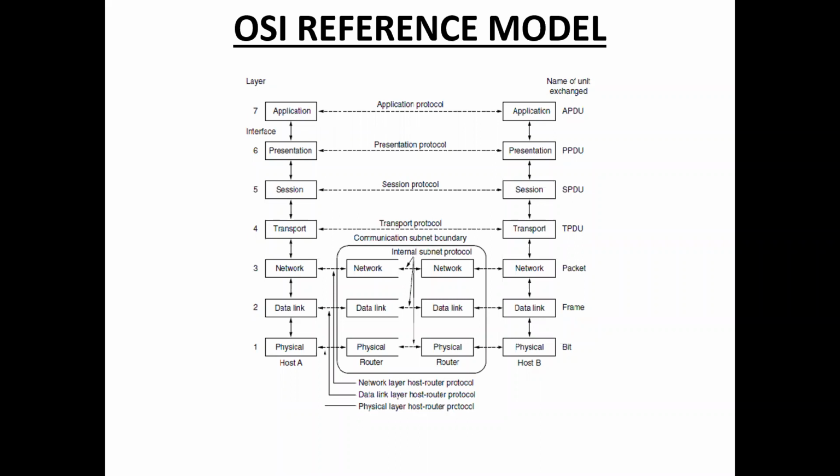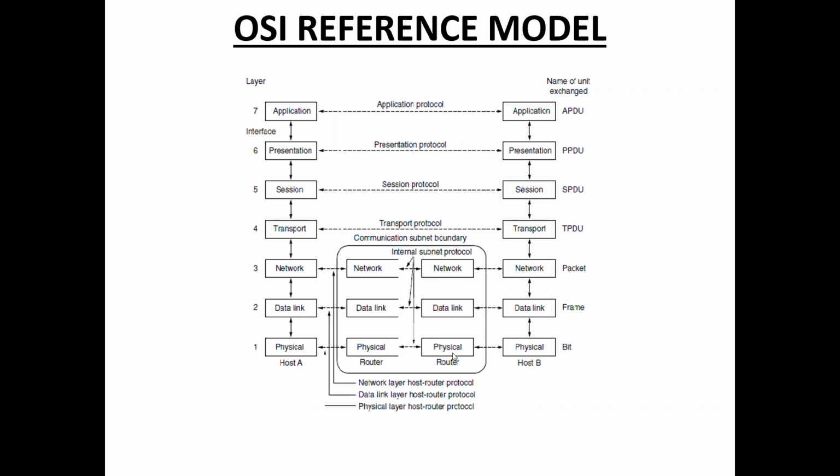And we see here that the communication subnet boundary is for only 3 layers: physical layer, data link layer, and network layer. That means this communication subnet boundary enables an entity in one host to interact with the corresponding entity at the same layer in another host. Here, network layer, data link layer, physical layer.